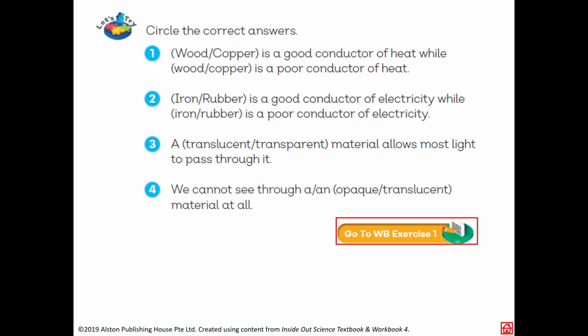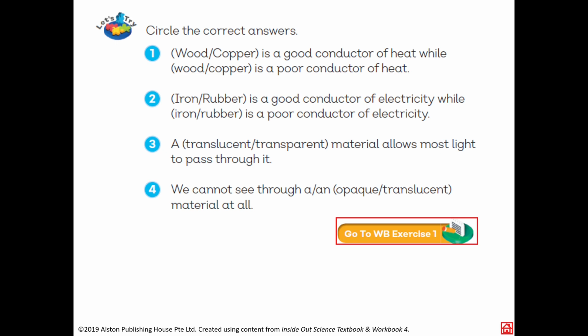Let's try this activity. Circle the correct answers. Wood or copper is a good conductor of heat, while wood or copper is a poor conductor of heat. Choose what is a good conductor and what is a poor conductor.